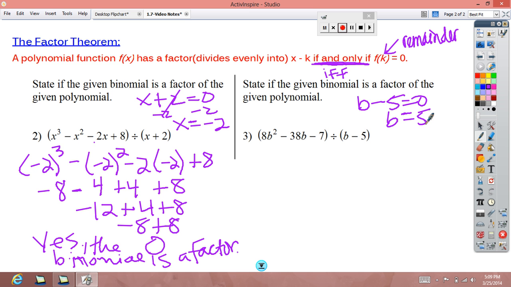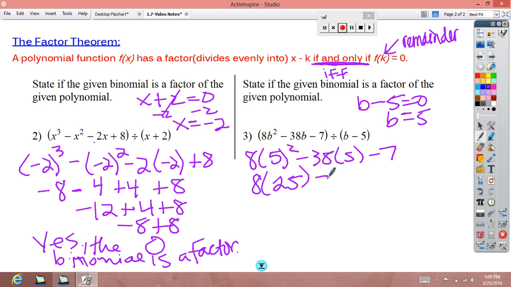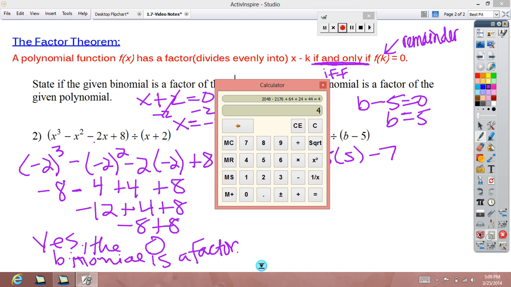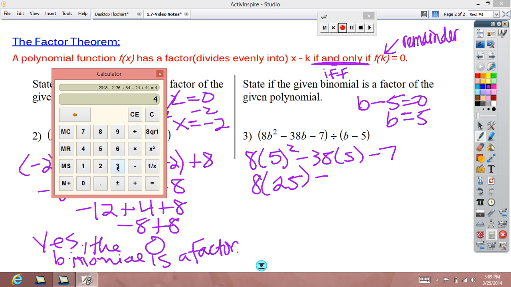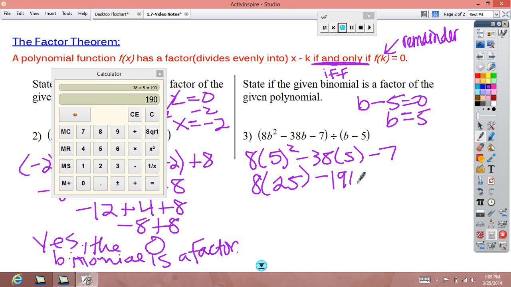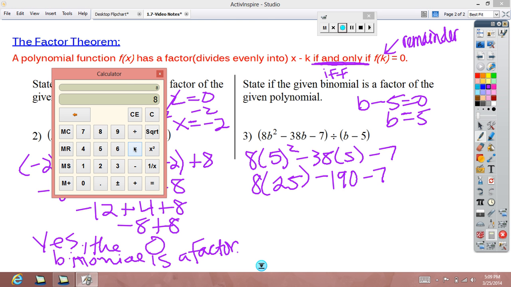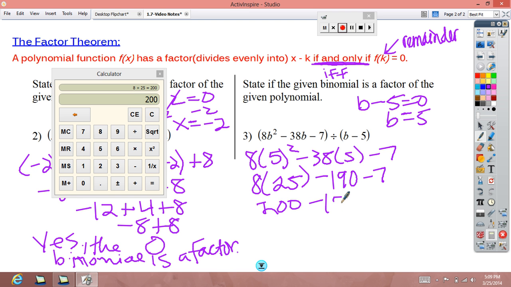So this 5 I take in, do the f of k, so I plug it in. 8 times 5 squared minus 38 times 5 minus 7. 5 squared is 25, so 8 times 25 minus, again, 38 times 5 is 190, minus 7. 8 times 25 is 200, minus 190 minus 7. 200 minus 190 is 10, minus 7 is 3.